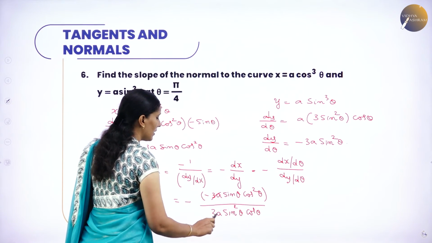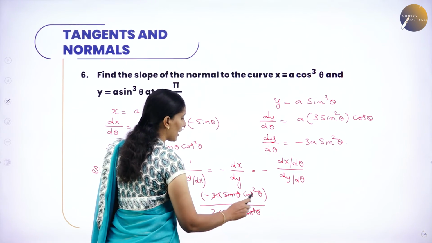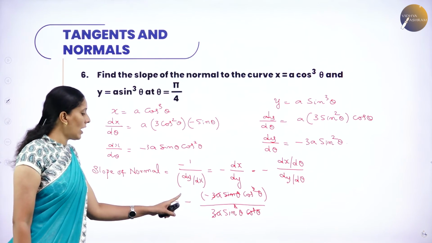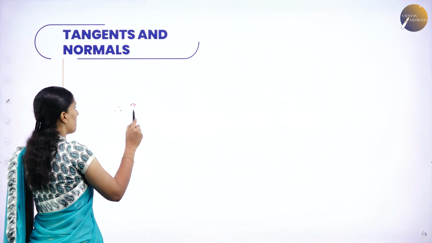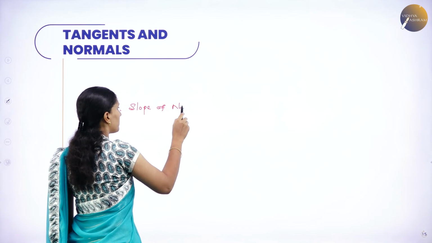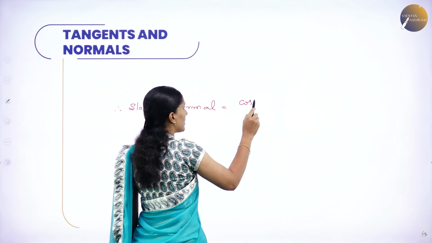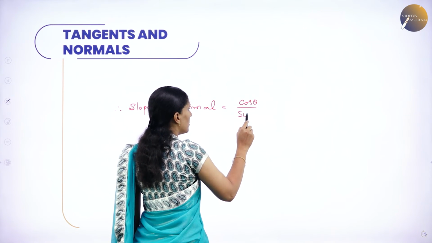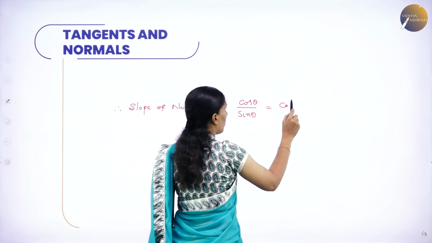So 3a gets cancelled. Sin theta cancels with one sin theta, cos theta cancels with one cos theta, and minus into minus becomes plus. So therefore, slope of normal is now cos theta by sin theta. What is cos theta by sin theta? That is equal to cot theta.